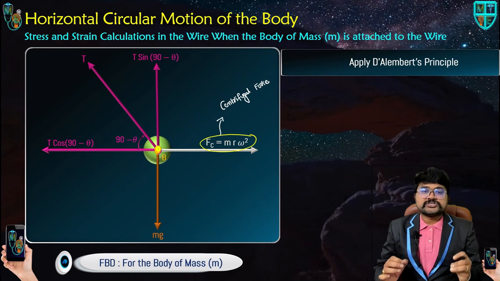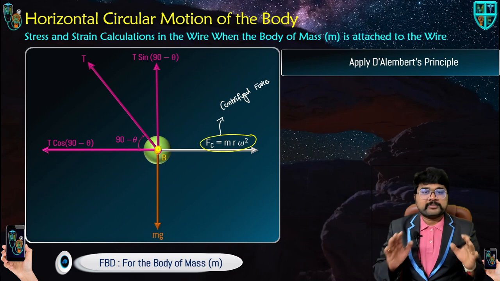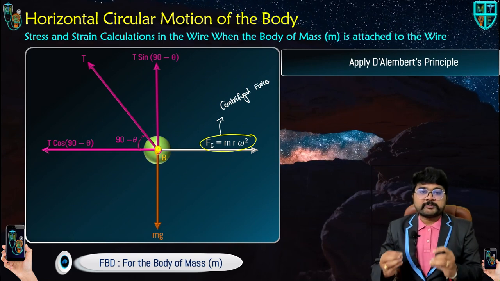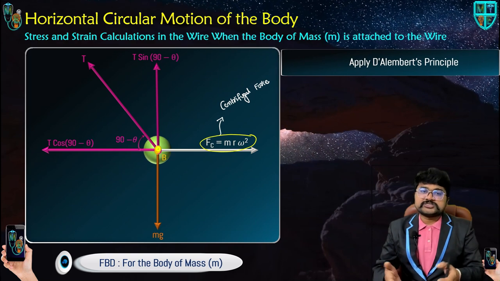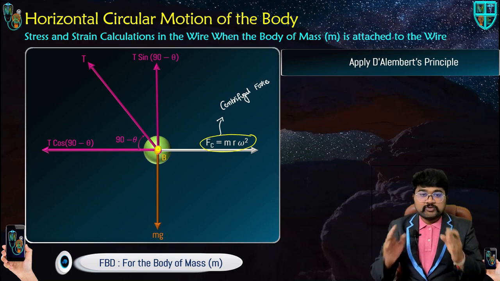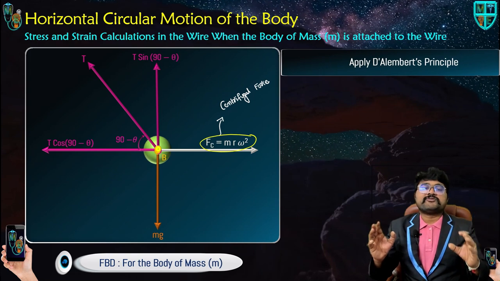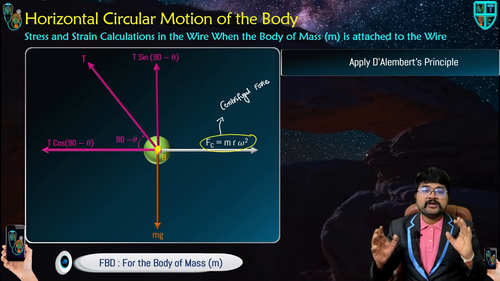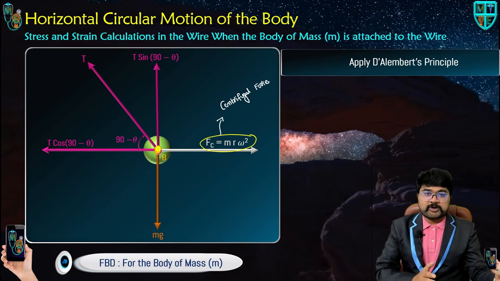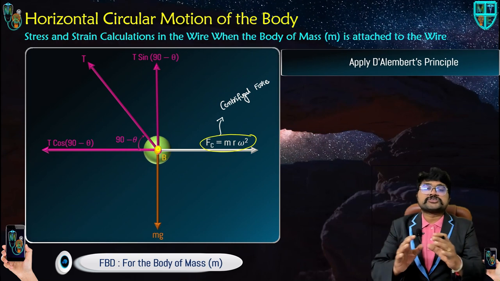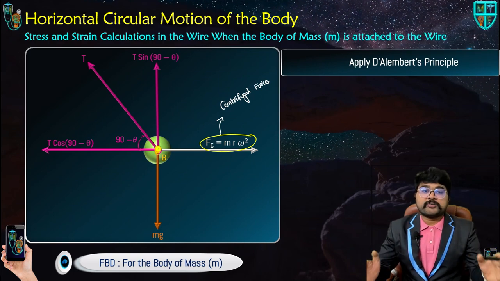What is the procedure to convert a dynamic problem into a static problem? You need to represent the inertia force. It is the inertia force in circular motion. Understood? For linear motion, you represent the inertia force in the free body diagram. Inertia force always acts opposite to the direction of motion of the body.